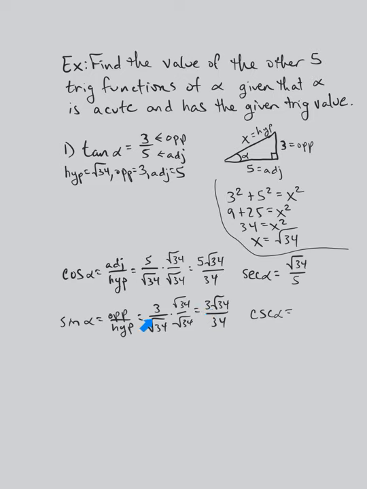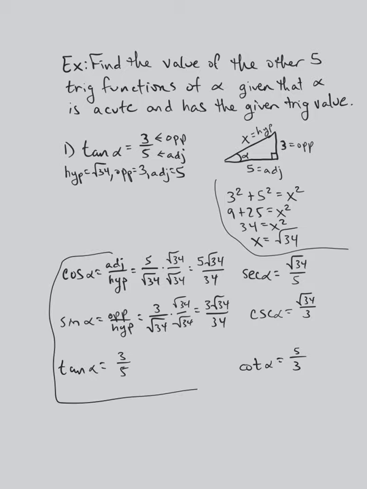Remember what we started out with, 3 over the square root of 34, so that's the easier one to take the reciprocal of. If I'm given one of them, I still write it to help me, especially if I'm going to have to find its reciprocal. So the tangent of alpha is 3/5, that was given to us, and so the cotangent is 5/3. And there are the 6 trigonometric functions of that angle.